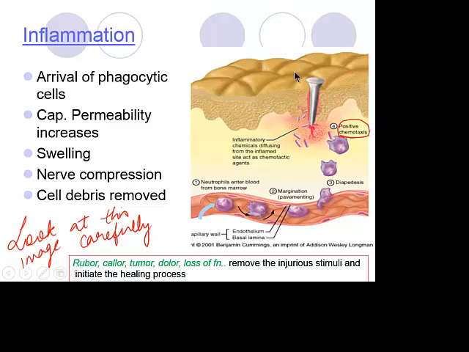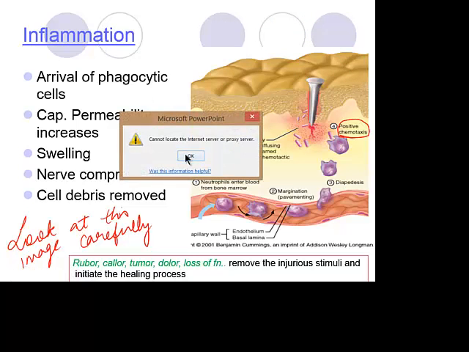So here let's take a look at inflammation. Hopefully this will work. I don't know why that's happening.